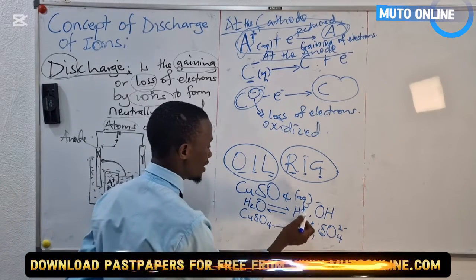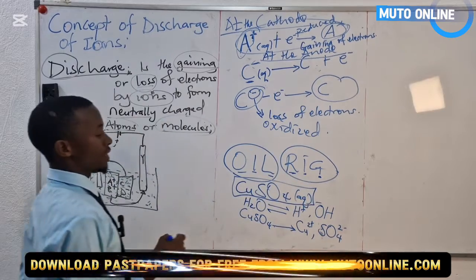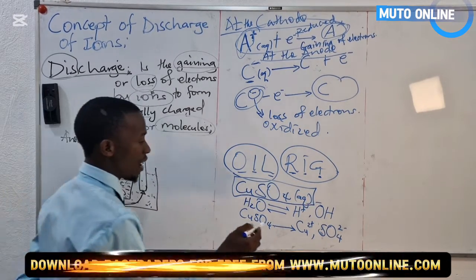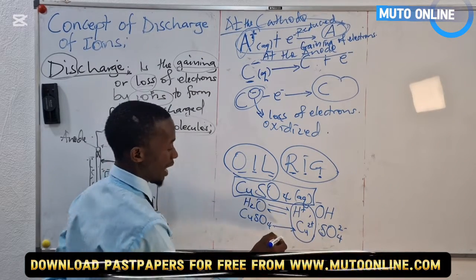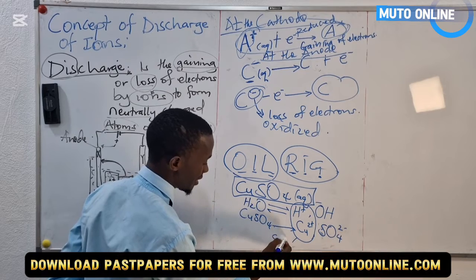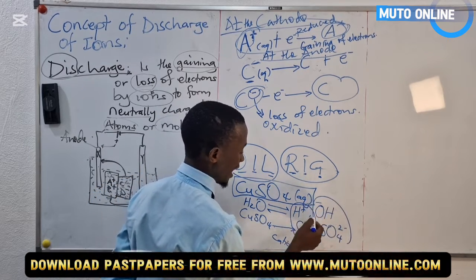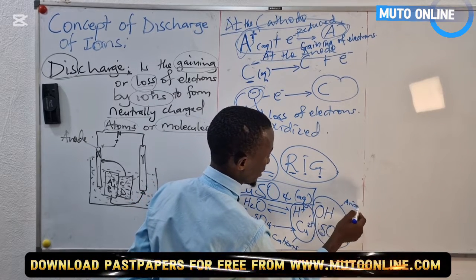So here, if copper 2 sulfate is used as an electrolyte in an electrolytic cell, we have 2 cations, hydrogen and copper. We also have the hydroxide ions and the sulfate ions as our anions.